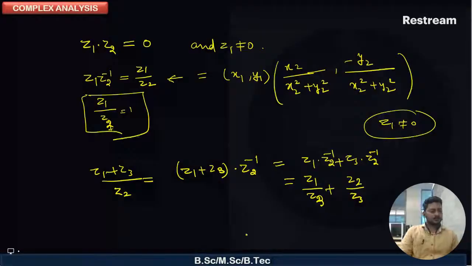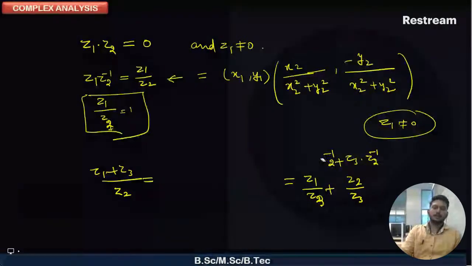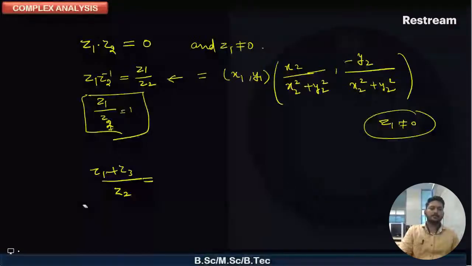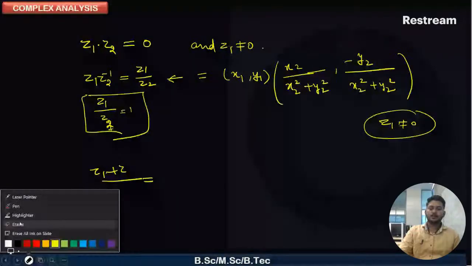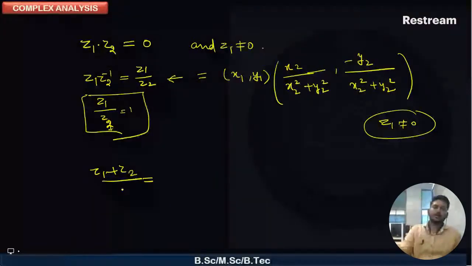Let me change it in another way. Take z1, z2, and the third one is z3.